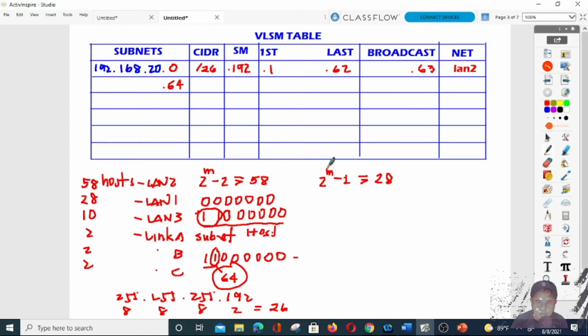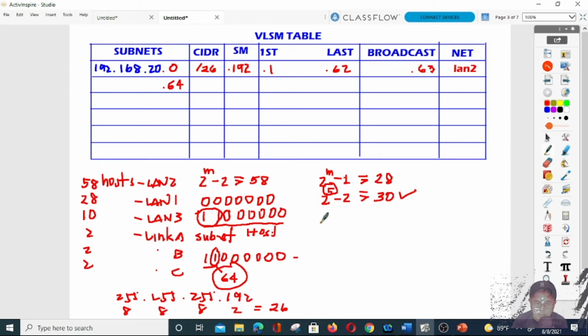How many zeros do we need in order to satisfy this equation? If we have 4 zeros, 16 minus 2 is not enough. If we borrow 5, 2 raised to 5 is 32 minus 2 is 30, which is greater than 28. So 30 is enough, and therefore we need 5 zeros.